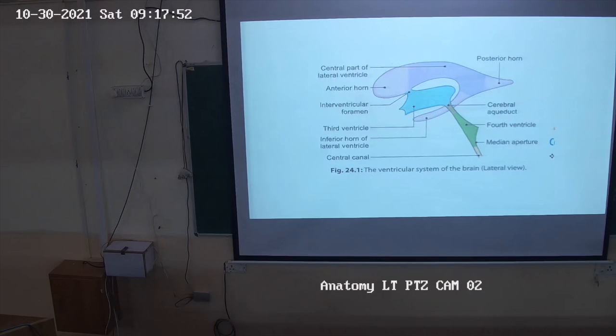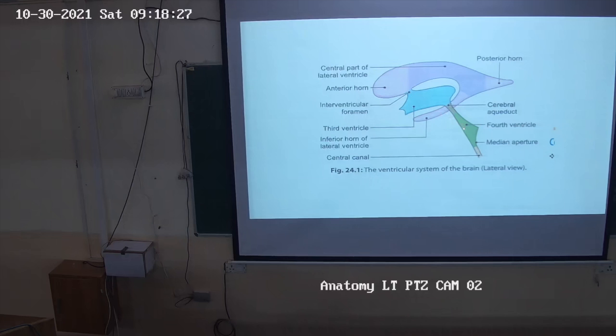Now see here, this is the part of the lateral ventricle, and below this lateral ventricle, this is the third ventricle, and below the third ventricle, this is the fourth ventricle. Seeing the diagram, you can say that lateral ventricle is continued or communicates with the third ventricle through this foramen, that is interventricular foramen, and third ventricle is continued with the fourth ventricle.